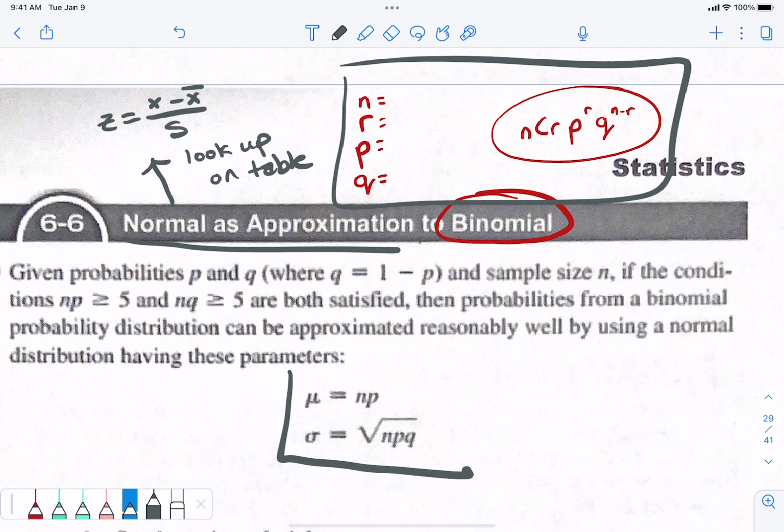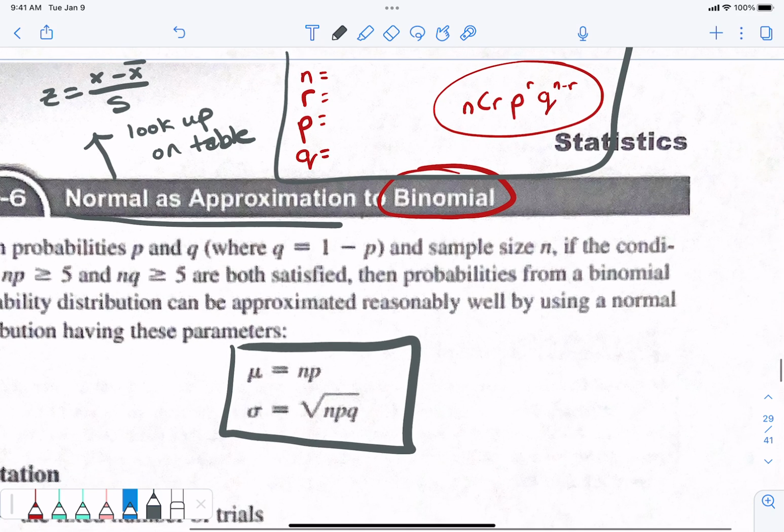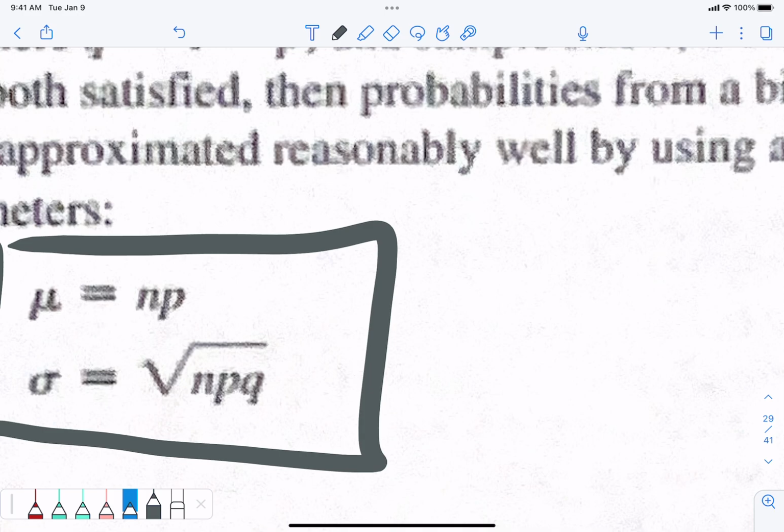This is stuff that we have already written down on our yellow sheet. If we don't already have the average, we take n times p. So if they say 50% of the class is girls, we would take 50% times the number in the class, like 14. So 7 girls. That would be my average. That's an example.